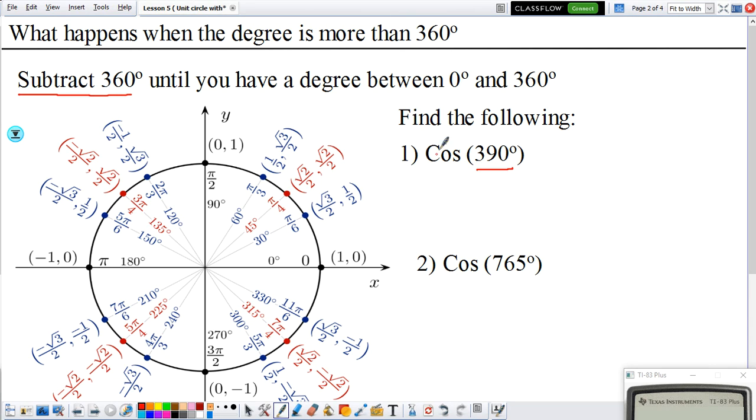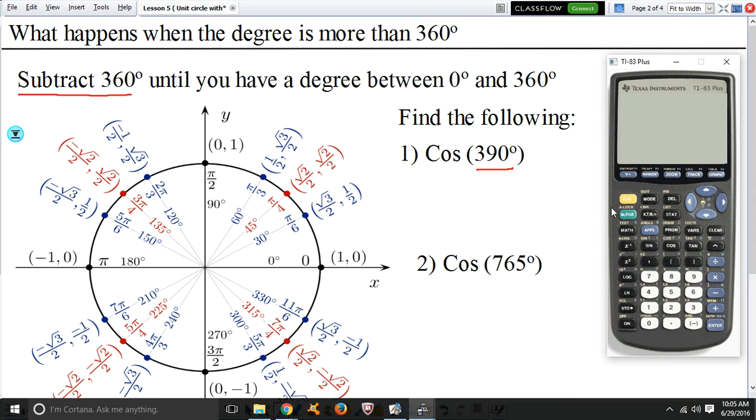So here we want to find the cosine of 390. 390 degrees is not on our unit circle. So we look at our degree, and like it says here, if your degree is greater than 360, you subtract 360. So 390 minus 360 is equal to 30.